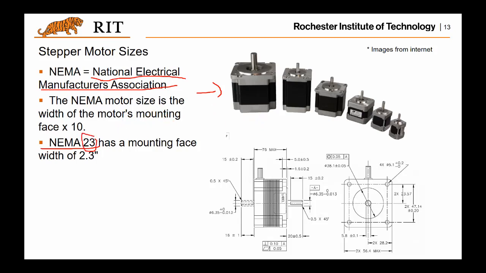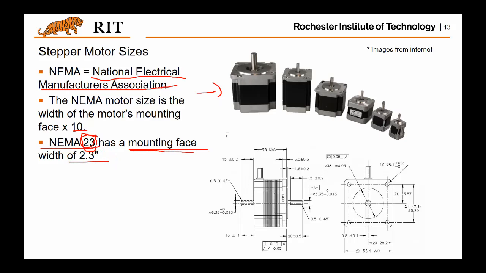is the width of the mounting face times 10. For example, if you are looking at a NEMA 23 motor, that means the mounting face width is 2.3 inches: 23/10, and the unit is inch, right?